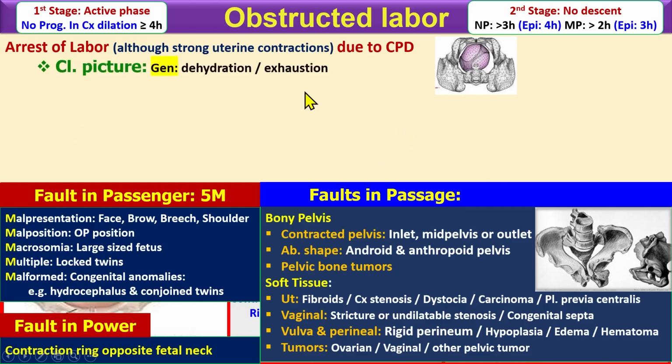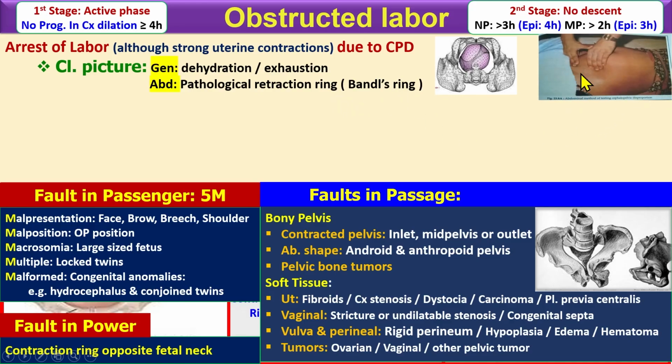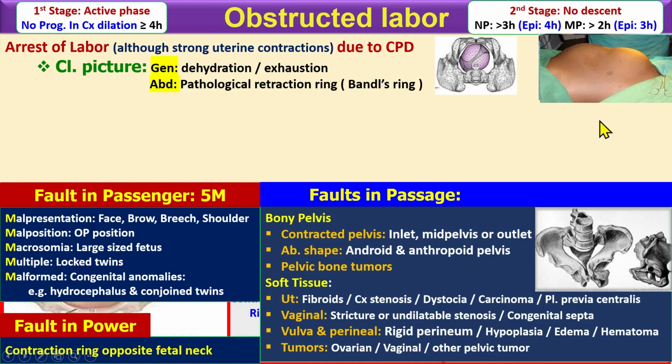If you look at the clinical picture of obstructed labor, there is generalized dehydration and exhaustion of the mother, and on abdominal examination you find the pathological retraction ring or Bandl's ring. In this picture you can see the doctor is trying to assess CPD. So what is Bandl's ring? There is thickness in the upper segment of the uterus and a thin lower segment.